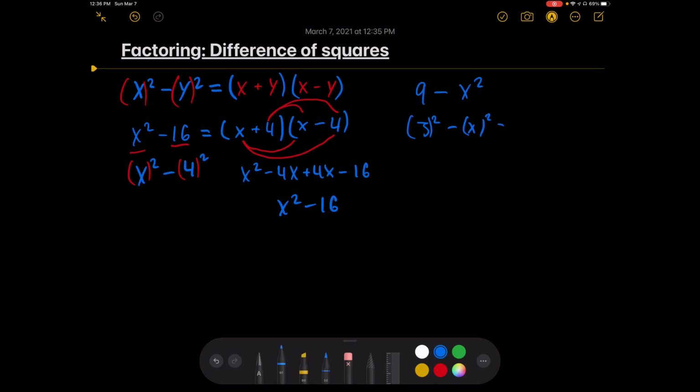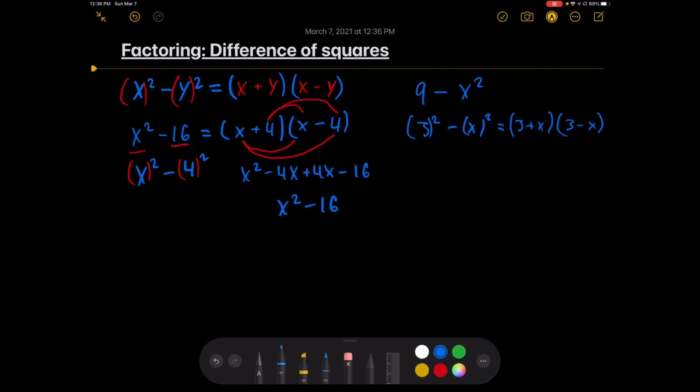So if we were to simplify that out and use our template, we would just get 3 plus x, 3 minus x. So that's going to be your final answer. That's the problem being factored.